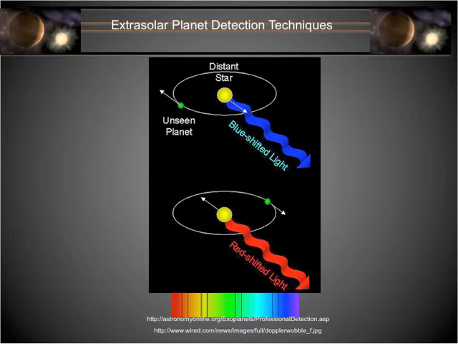And then you look again, the lines are again where they should be. And then you look again later and the lines this time are red shifted. Then again, they gradually go back to where they should be, then blue shift again, then red shifted again. And you notice that this happens over a regular period of time. What that indicates is the presence of an unseen planet.